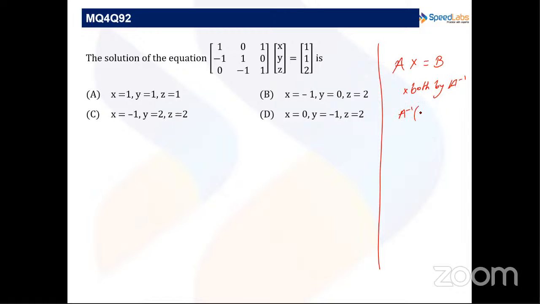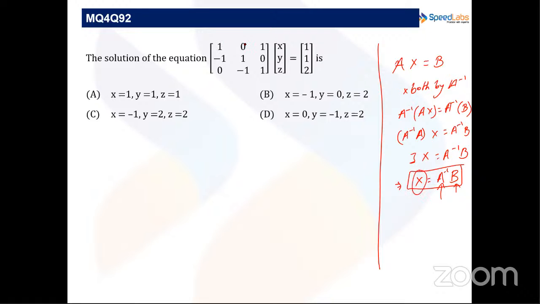So A inverse A into X is equals to A inverse B, and A inverse into A is I. So this implies X is equals to A inverse B. So first of all, we have to find the inverse of A, and then multiply it with B, and then we can find the values of X, Y, and Z.